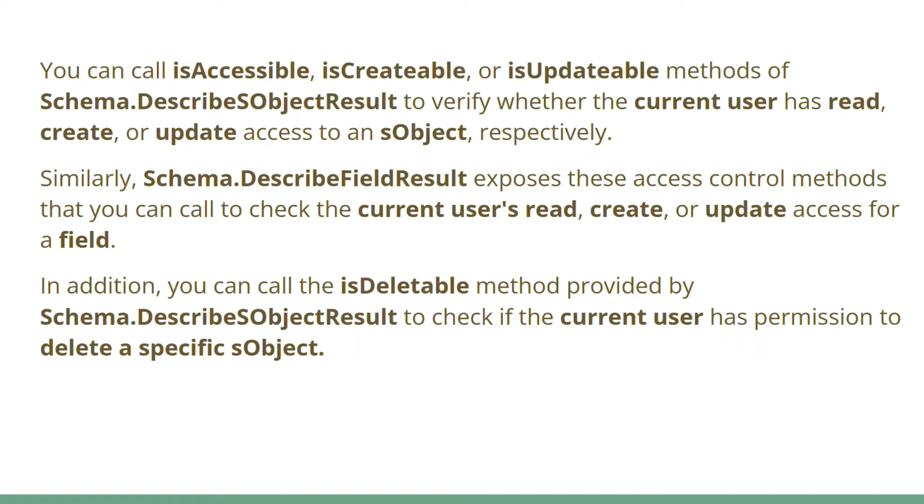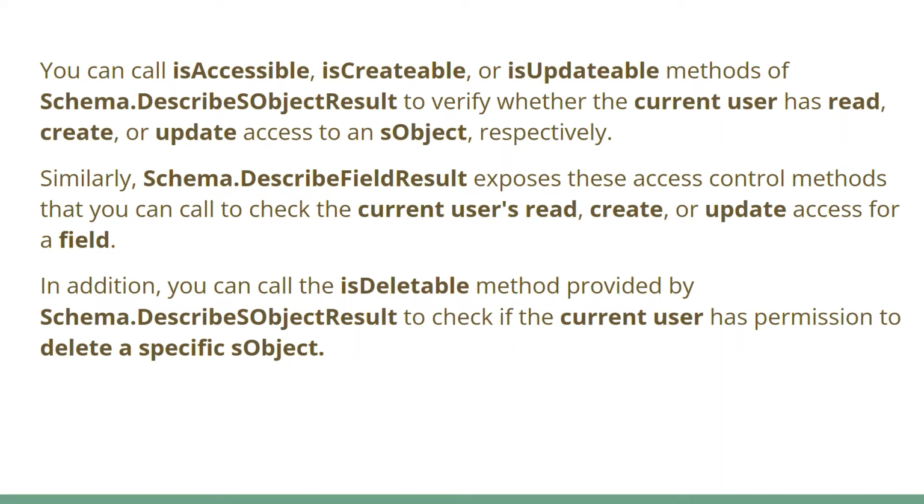This is what we define on the profile level, and through permission sets we grant the user access to that particular object and to the particular fields. Similarly, Schema.DescribeFieldResult exposes these access control methods that you can call to check the current user's read, create, or update access for the field.